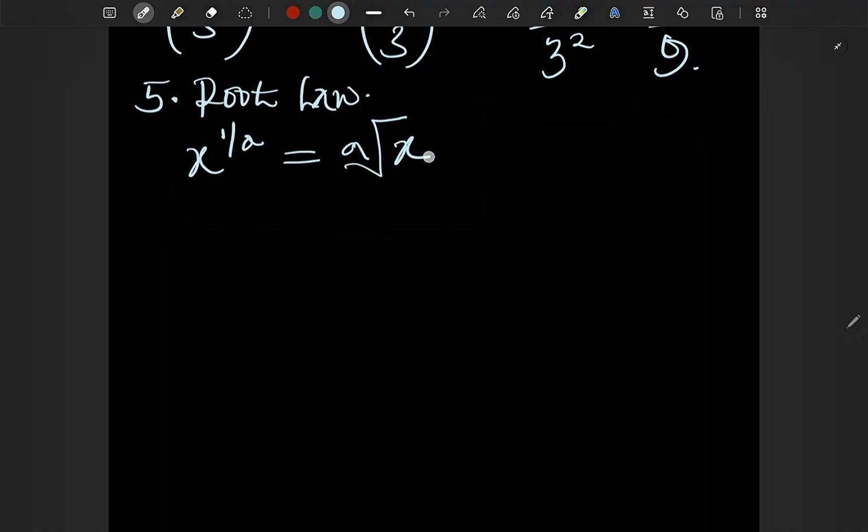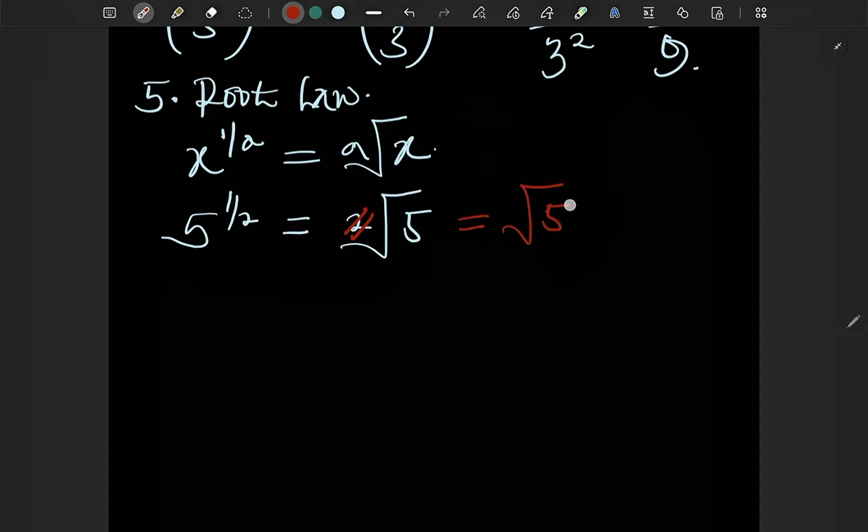A root of x. 5 raised to power 1 over 2 is equal to square root of 5. However, for square root, we do not need to introduce the 2. It can be written as square root of 5 for square root alone.